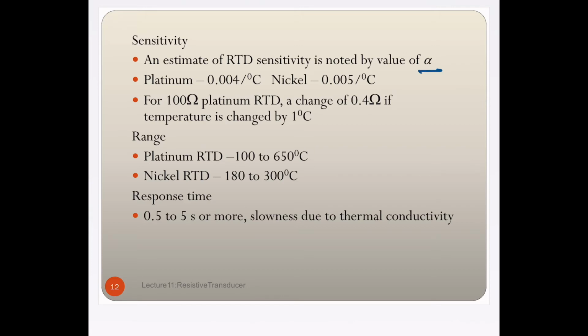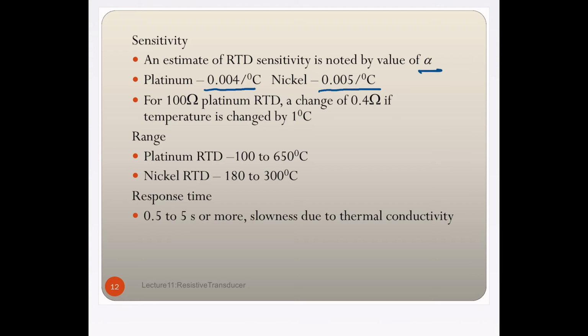Here we can see for platinum, it is 0.04 per degree C. For nickel, it is 0.05 per degree C. Meaning, if the temperature is increasing by 1 degree Celsius, the resistance value is only increasing by 0.04, which is around 4 milliohm. For nickel, 5 milliohm per degree C. As compared to thermistor, 1 kilo ohm per degree C. So the sensitivity for thermistor is big, the sensitivity for RTD is small.